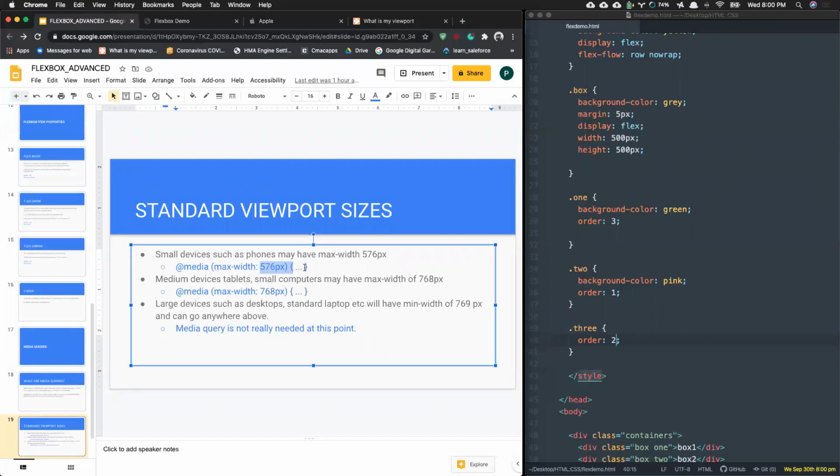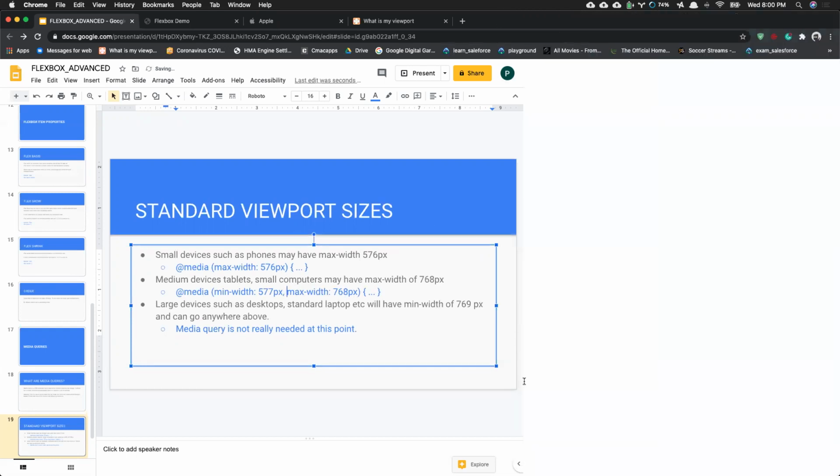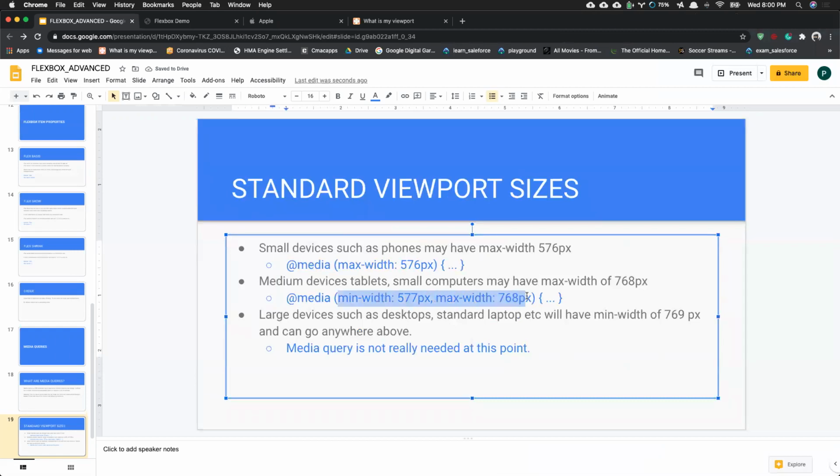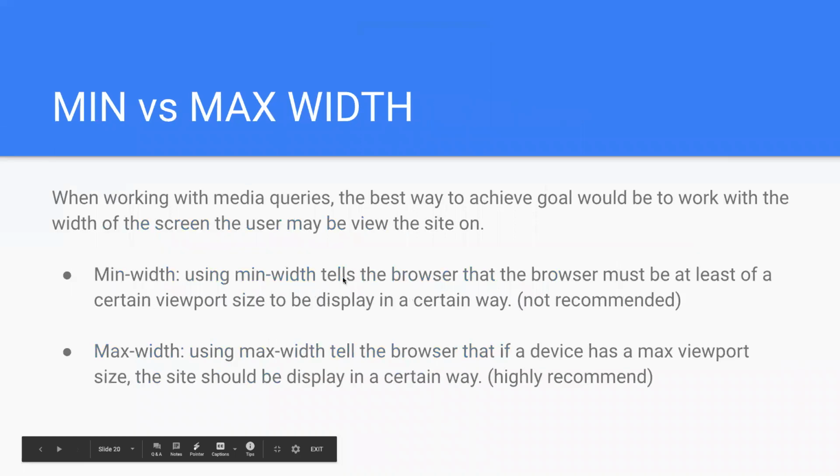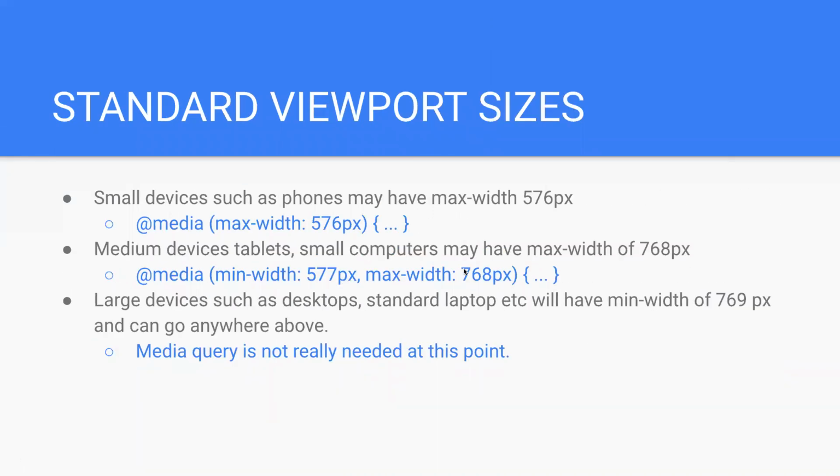So from 0 to 576 pixels is a phone. Okay, however, we need to be able to distinguish between these two. So the minimum width for a tablet would be 577 pixels, right? So if the screen size falls in this range, then show it this way.